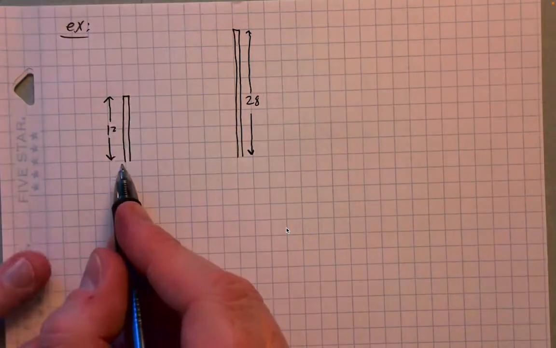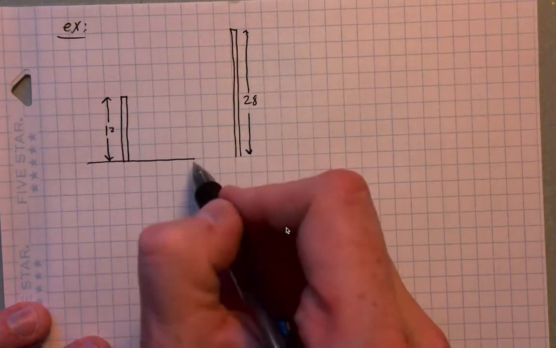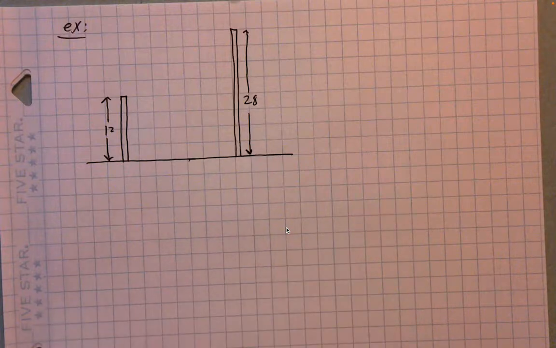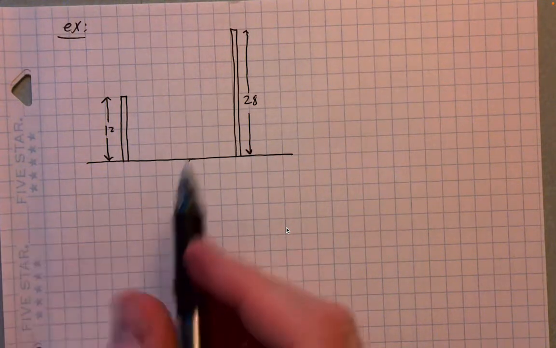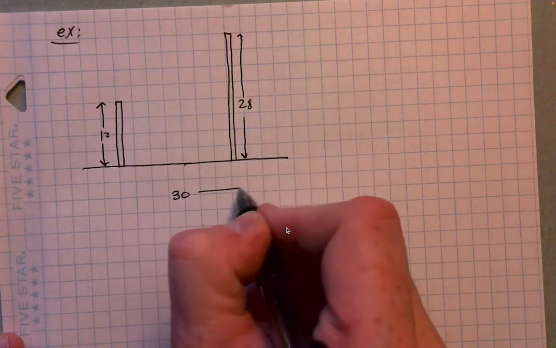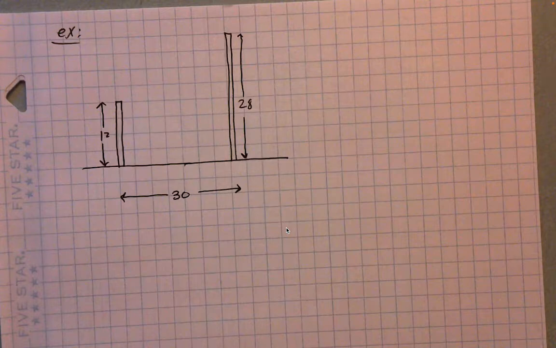So this one's 28 feet high, and this one's 12 feet high. Now, obviously they're posts buried in the ground. Somewhere in the distance between them, we should write it is 30 feet. So the distance between them is 30 feet at ground level.